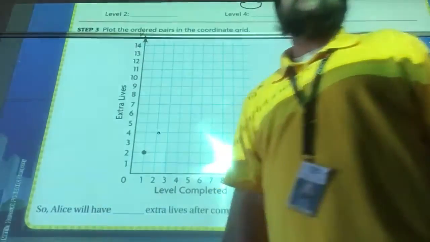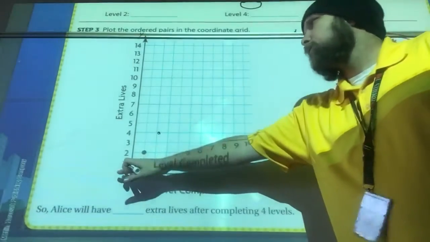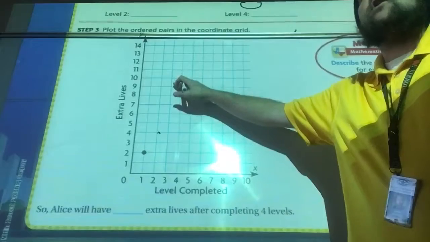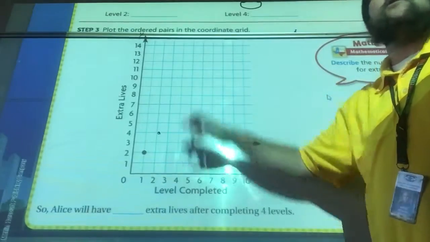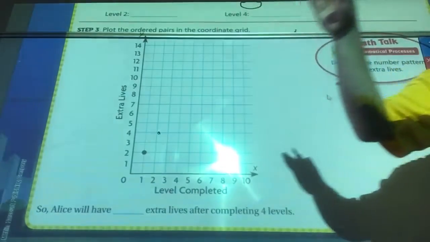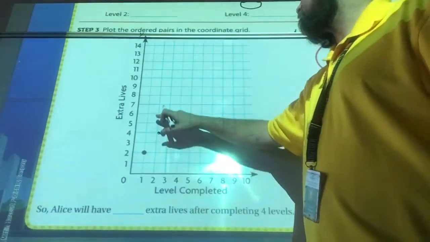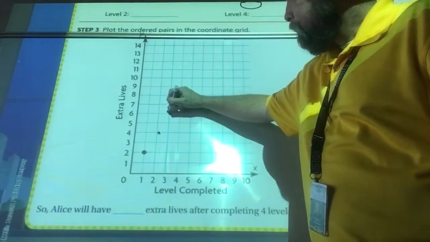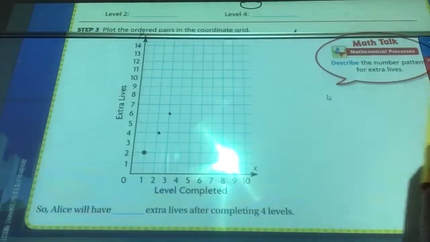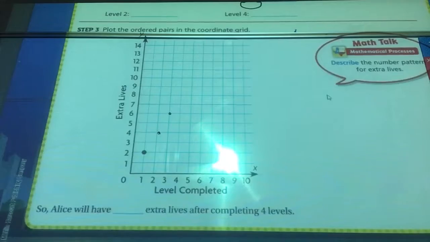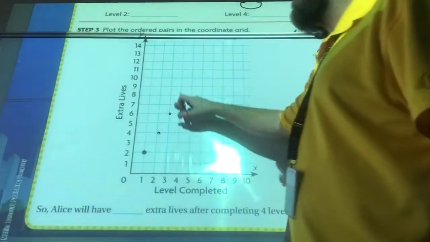This is the y-axis. Remember, you have to go horizontal, then vertical. Ivan, what's the next one? 3, 6. Bethany, what's the next one? 4, 8.